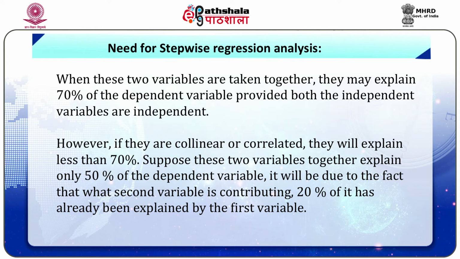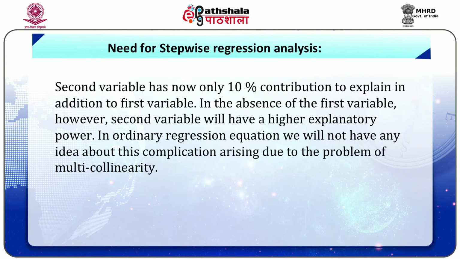It will be due to the fact that what the second variable is contributing, 20% of it has already been explained by the first variable. The second variable now has only 10% contribution to explain in addition to the first variable. In the absence of the first variable, however, the second variable will have a higher explanatory power. In ordinary regression equation, we will not have any idea about this complication arising due to the problem of multi-collinearity.